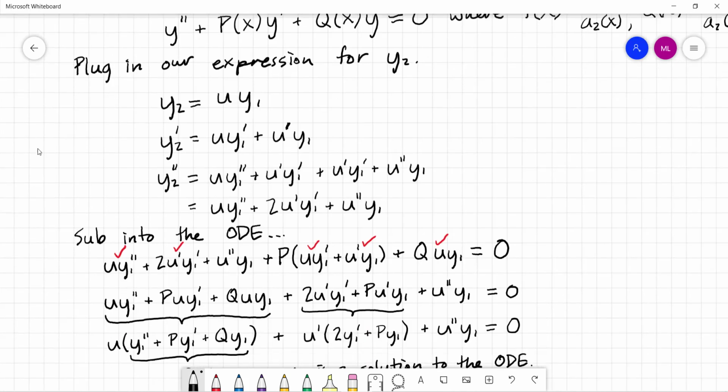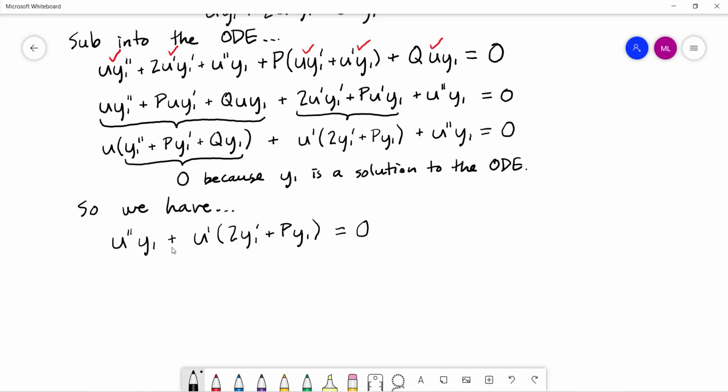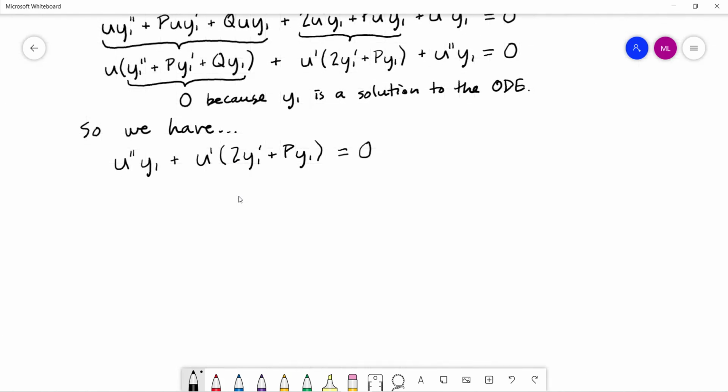We can just take the derivative of that known equation to get another known equation. So I know what this looks like. It's just some function of x. This is just some function of x. And this whole thing over here is just some function of x. So these are all pieces that are known. It's really only u that is unknown here. So recall that y1 is known.